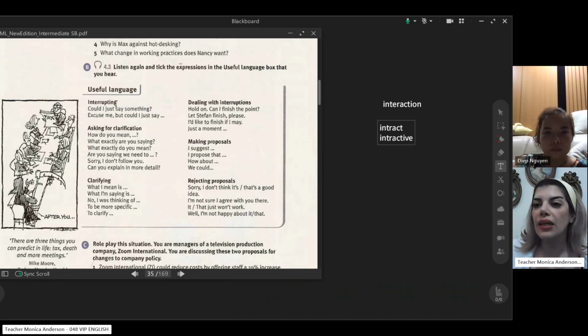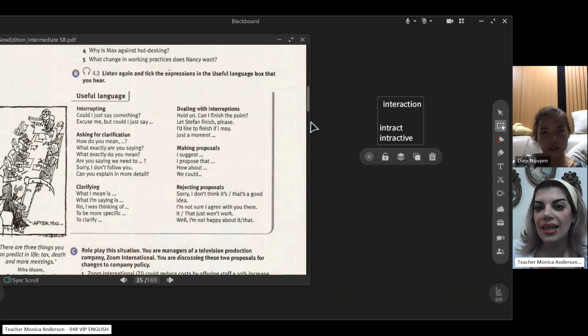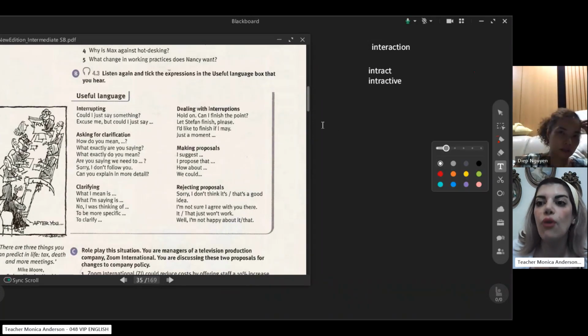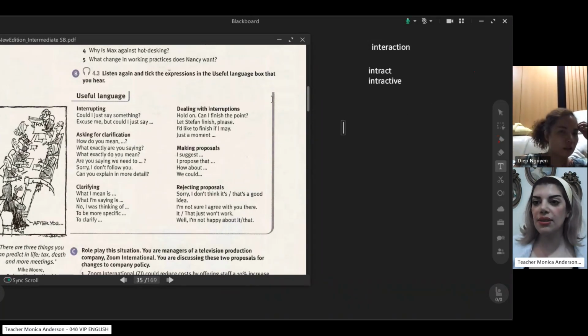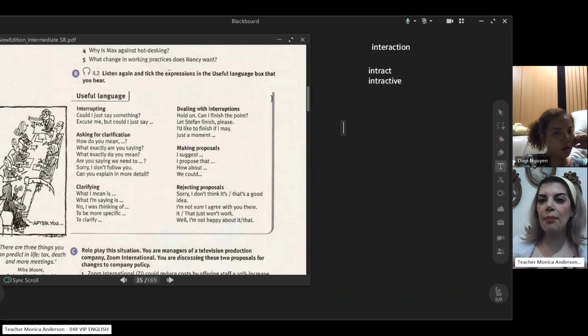So, interrupting. Actually, we have two statements to express, to interrupt someone, but I think, especially for business language, we need to use more formal and more polite phrases. The first thing, for example, you can say: before we move on to the next point, may I add something?